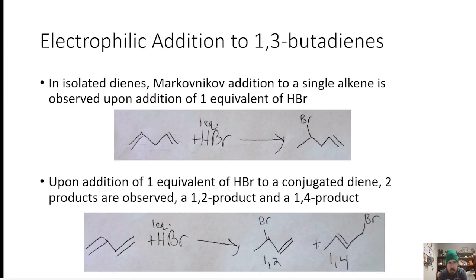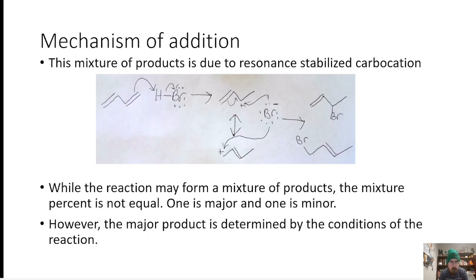And thus bromine can add both to the secondary carbon or the primary carbon 4. The mechanism is not dissimilar to what we would have seen in an isolated diene. It's just that resonance allows this to change.